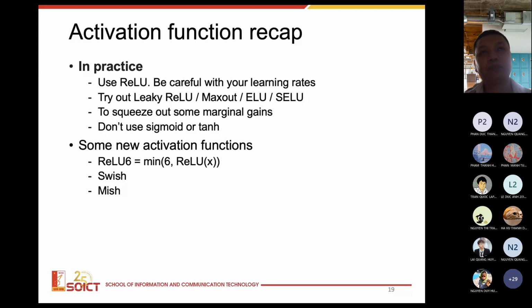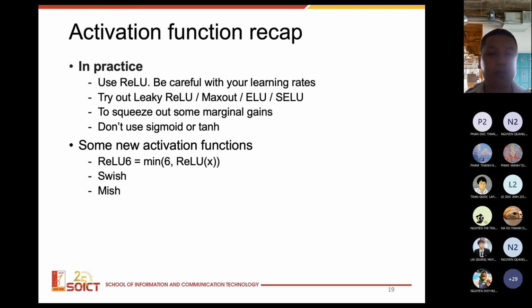Especially for image processing, the ReLU is very powerful compared to the sigmoid function. But in some situations, in some specific data sets, people still use the sigmoid or tanh for specific problems, for example when using neural networks for reinforcement learning.